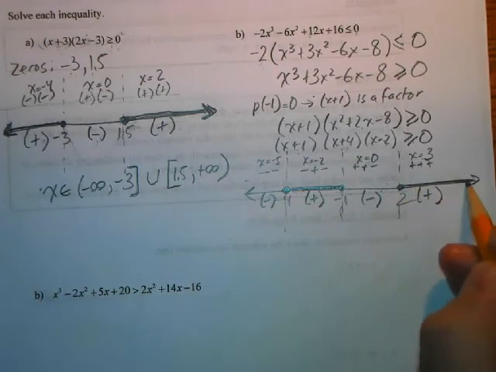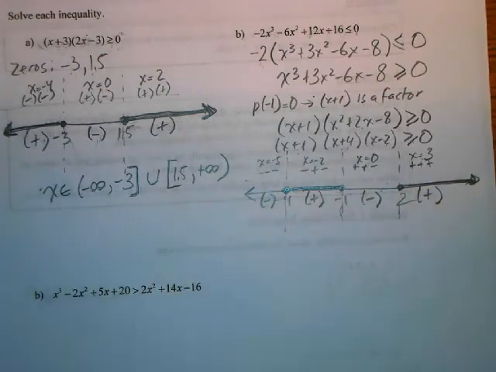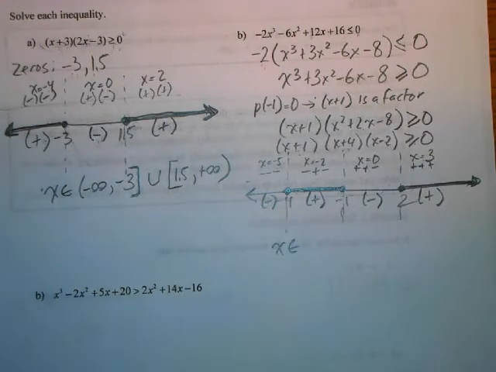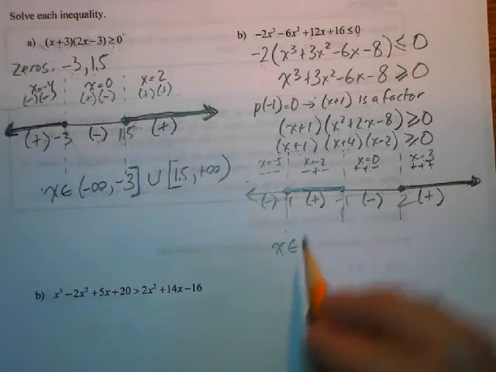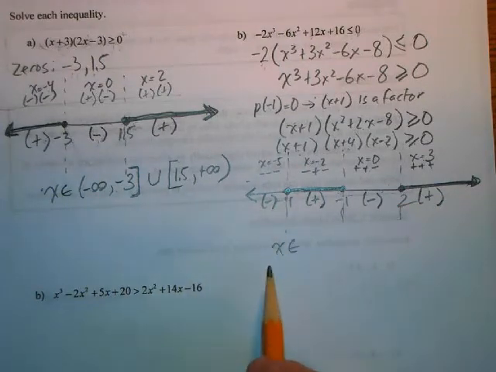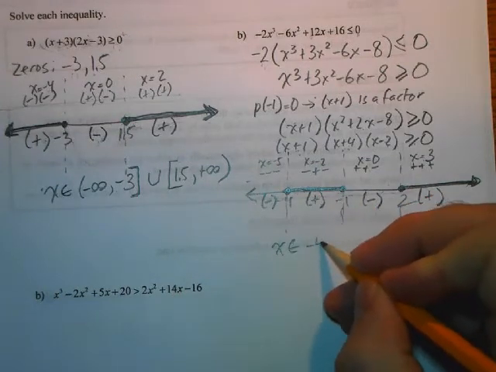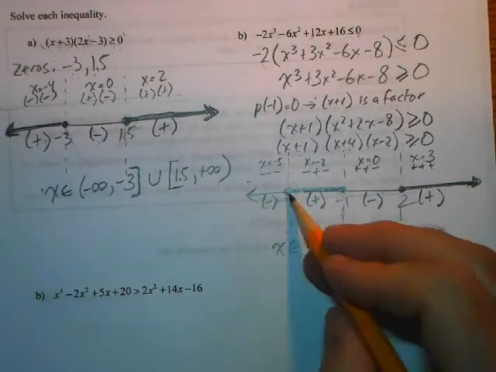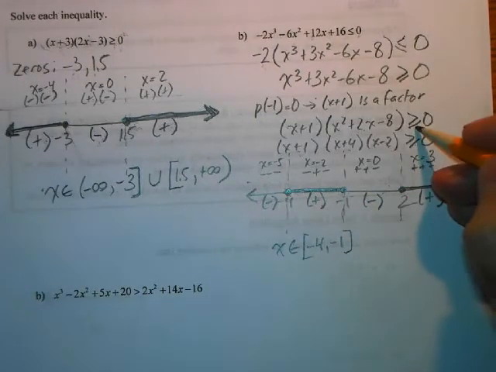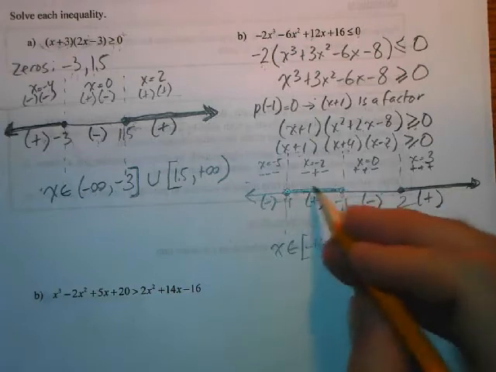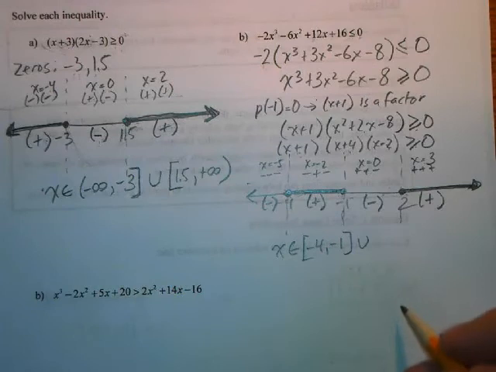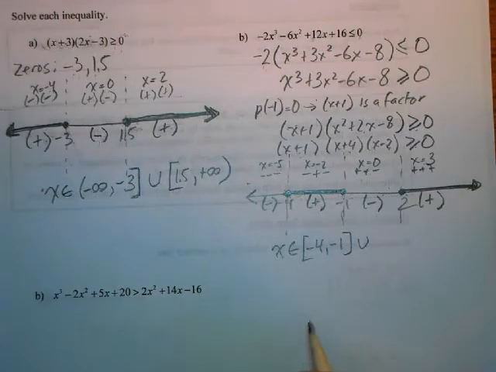If I write my interval notation for my answer, x is an element of, and this time I'm going from -4 to -1, including both, as we talked about earlier, because of the equal sign in the inequality. So that's the first interval that's part of the solution. The second one, I'm going to join that with a union symbol, which is OR.